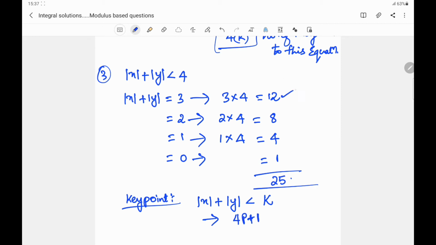If you see here, this is divisible by 4, this is divisible by 4, this is divisible by 4, leaving a remainder of 1. So 25 when divided by 4, you are going to get a remainder of 1. That 1 is appearing because of the case when modulus of x plus modulus of y is equal to 0. So this will help you in eliminating the options.